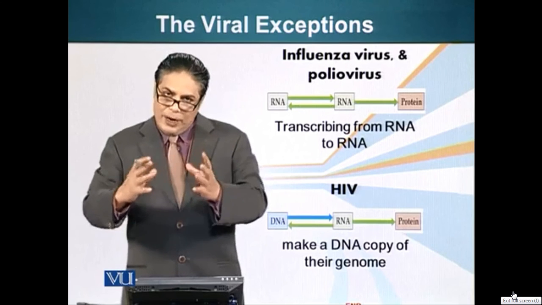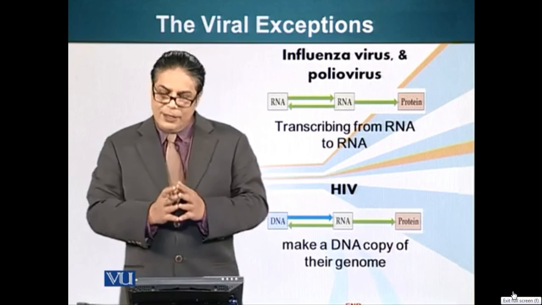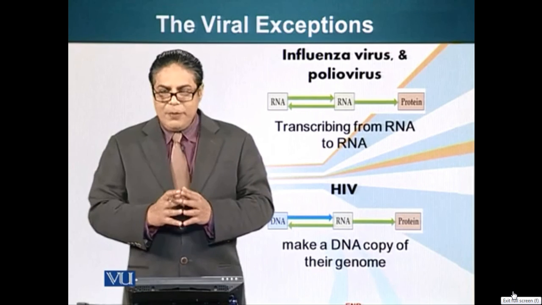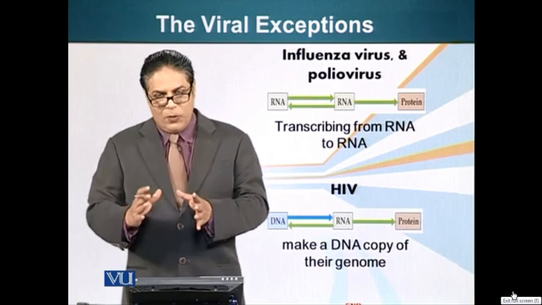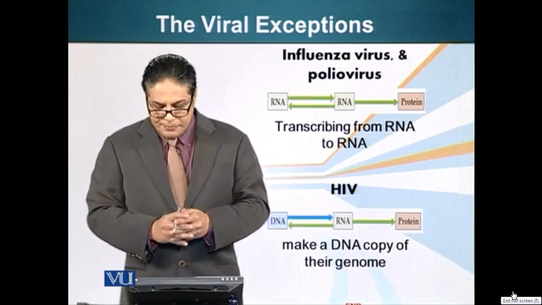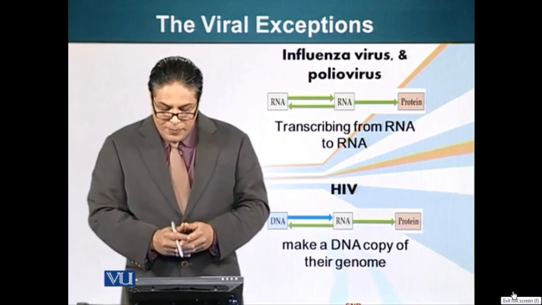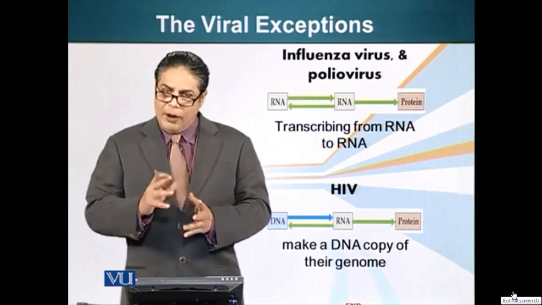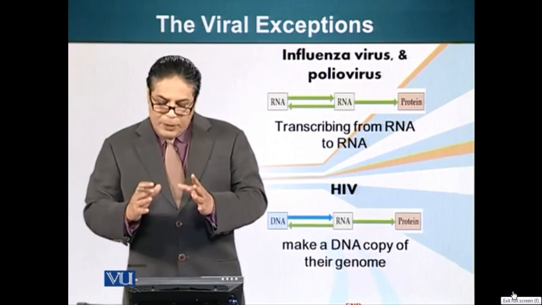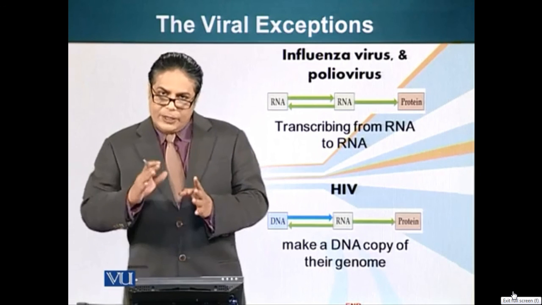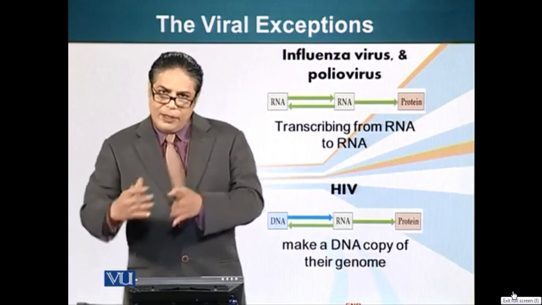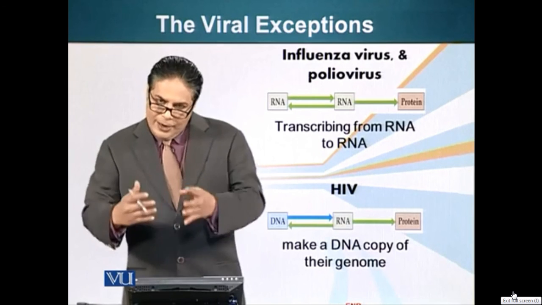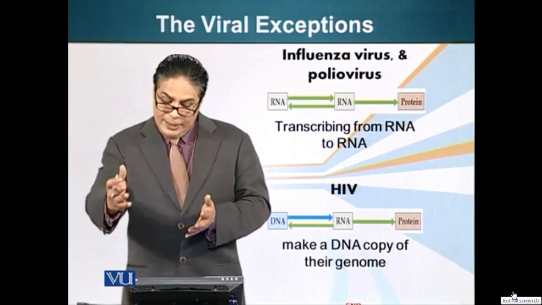Viral proteins are required to contain the nucleic acids which have the genetic information. So viruses, as we know, have proteins and nucleic acids. The other exception is HIV, human immunodeficiency virus, the virus that causes AIDS, acquired immune deficiency syndrome. The genetic material of this virus is also an RNA molecule. But RNA does not copy itself like the influenza virus.